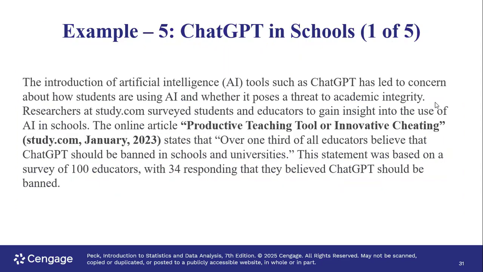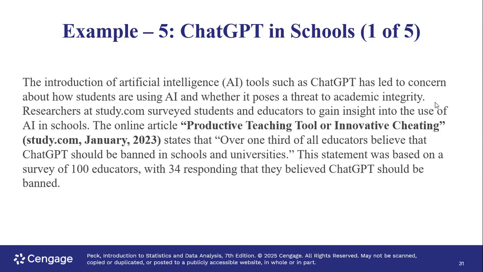The introduction of artificial intelligence tools such as ChatGPT has led to concern about how students are using AI and whether it poses a threat to academic integrity. Researchers at study.com surveyed students and educators to gain insight into the use of AI in schools.